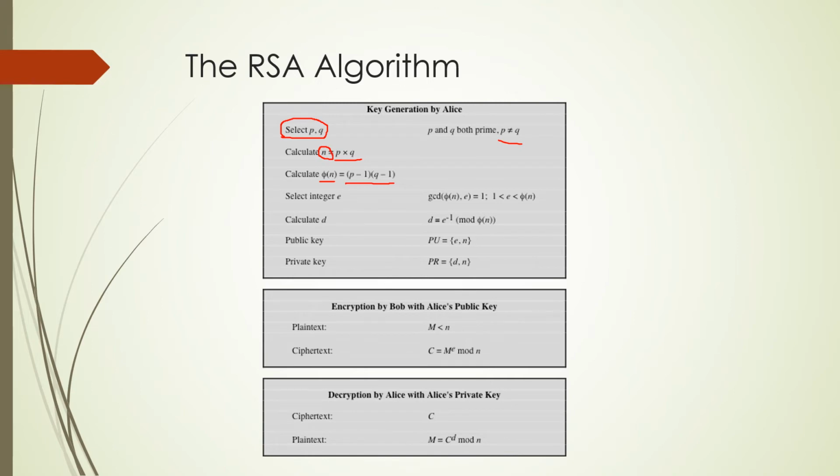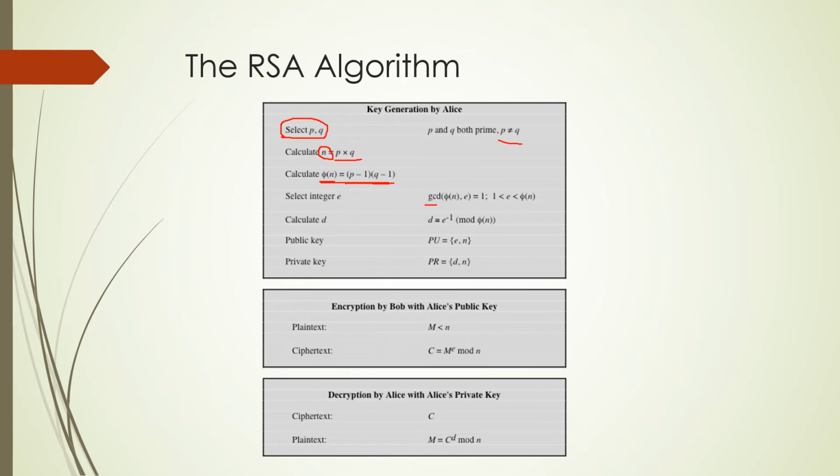After the totient function is calculated, you need to select an integer e, and that e is going to be some part of the public key of Alice. So how do you calculate e? E should be a random number that is relatively prime to the totient function of n.